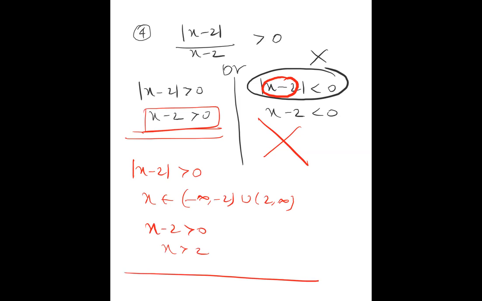Now we can combine both. Minus infinity to minus 2, 2 to infinity, and greater than 2. So greater than 2 means this one. So what is the common? Common is only this one. The final answer is 2 to infinity. Only this will satisfy the given equation. Okay, getting it or not?